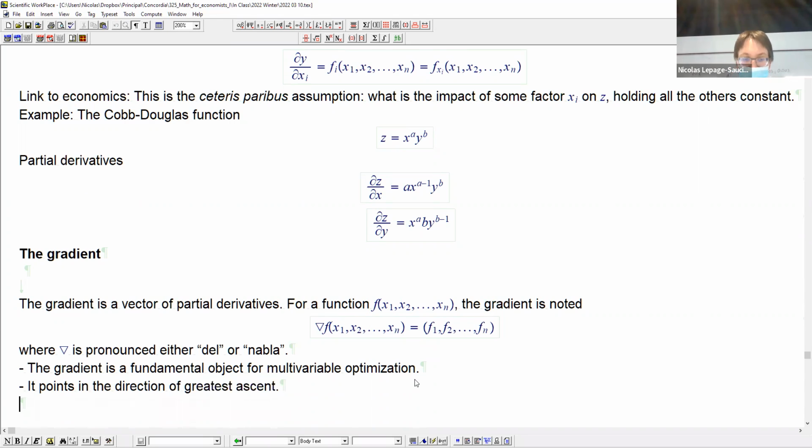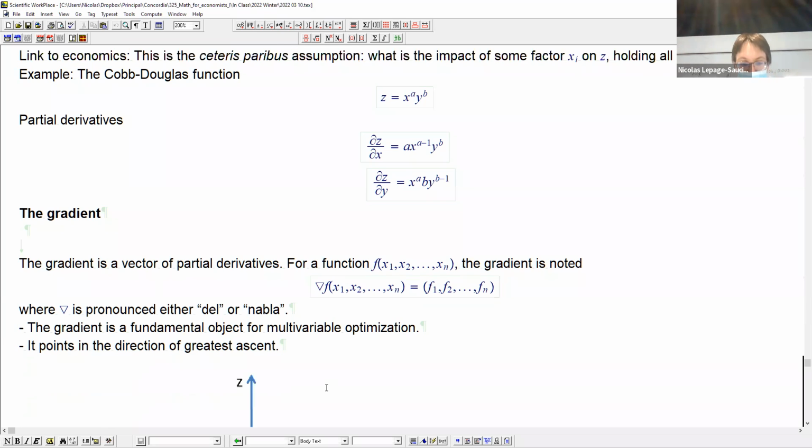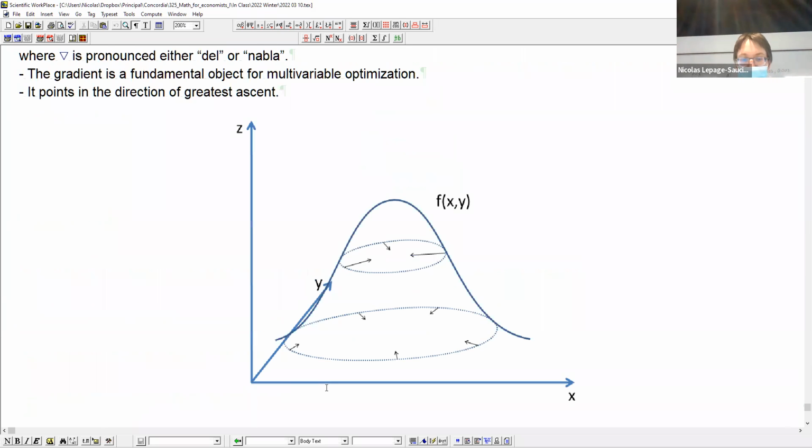Here I have a small drawing that I made. It looks like this. If you have some function, here a function of just two variables, x and y, and then z is the value f of x, y. What is the gradient?